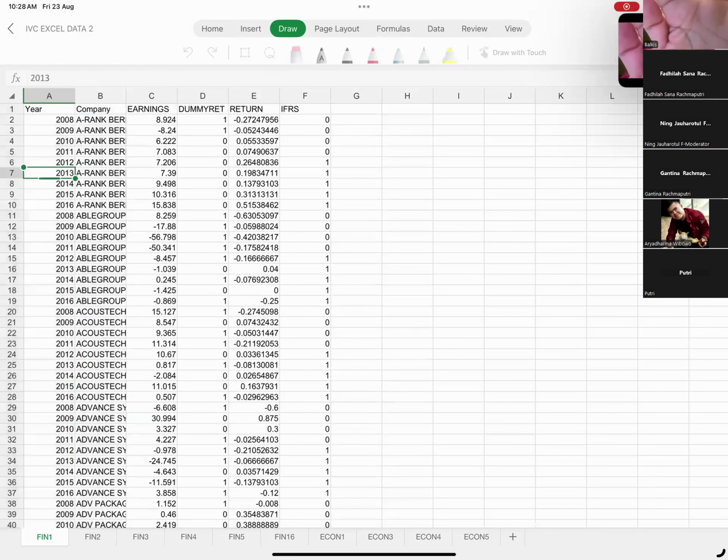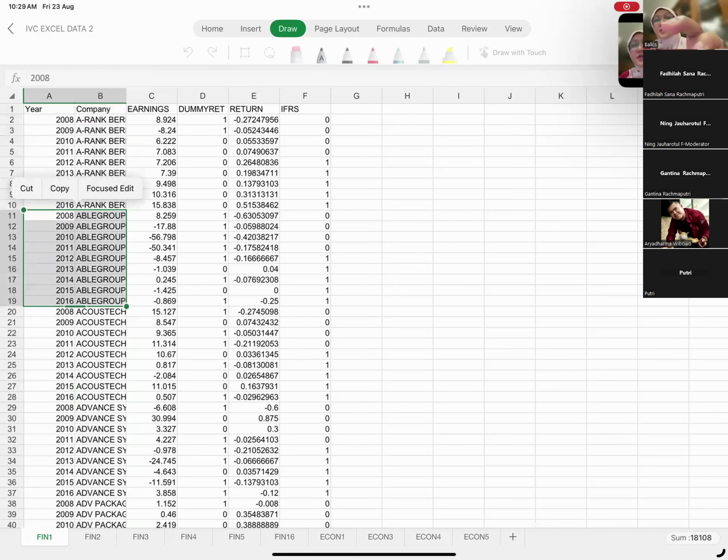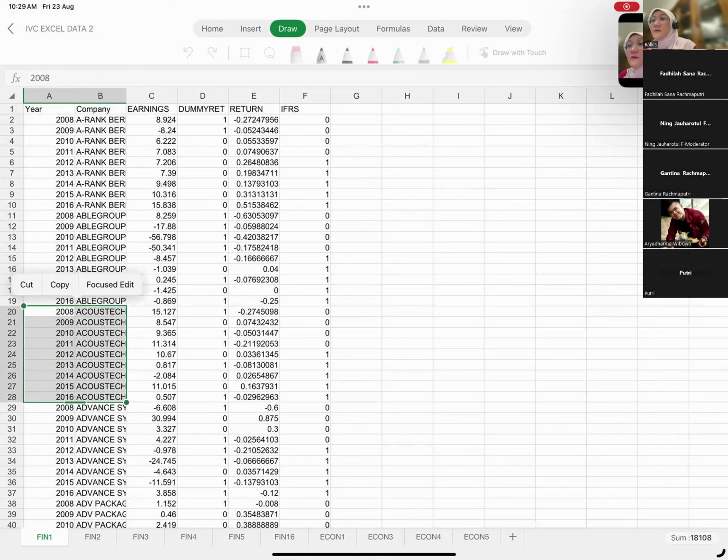So if you look at the year and the company, the year is the time period. B column is the company. Because we have several years and several companies, this is the second company. Acoustic is the third company. We have several years and several companies. Therefore, we call it panel data.